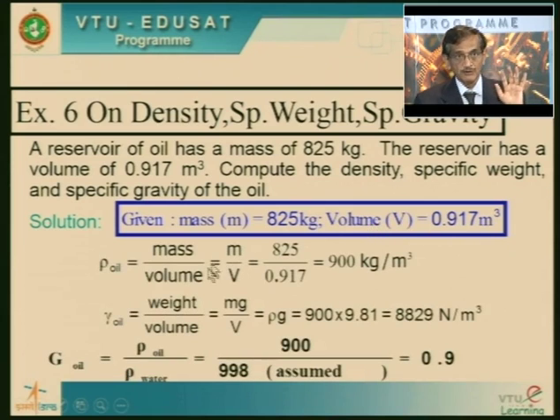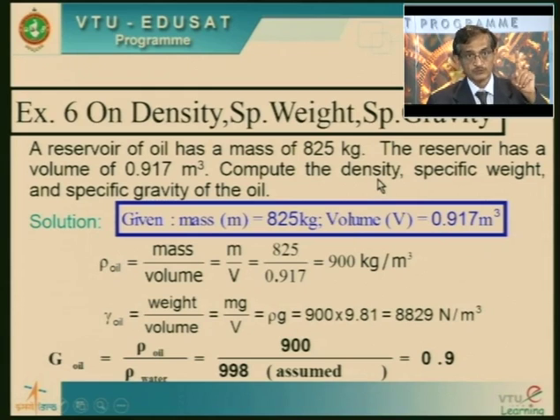The volume also is given and mass also is given. Let us take one by one. The density of the oil, which is the first objective. Formula is mass per unit volume. Mass of the liquid divided by volume. I have given m by v. M is given as 825, you can see in the question, and v is given as 0.917.